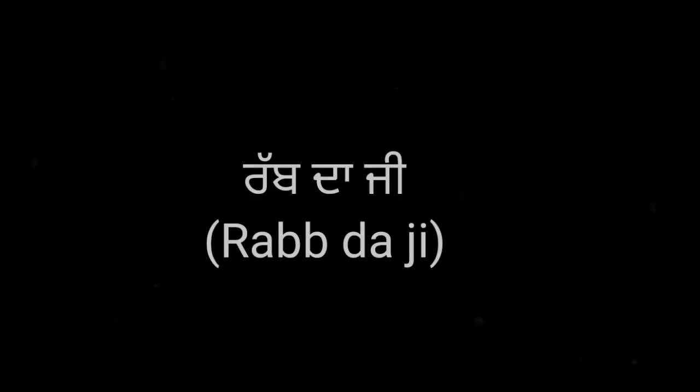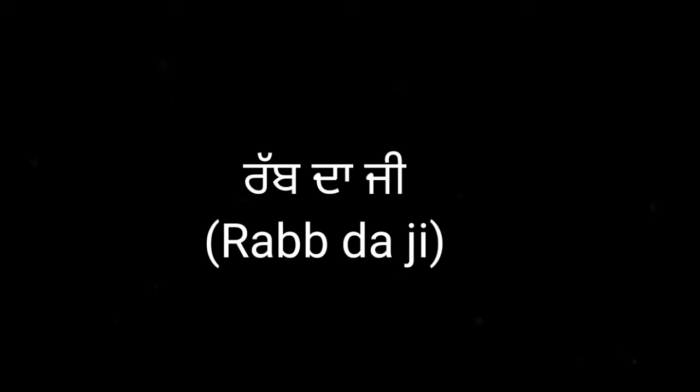So the fifth way is we also use it for living things, animals, birds, stuff like that. So we say "rabb da ji", right? It could mean God's creature, God's life.